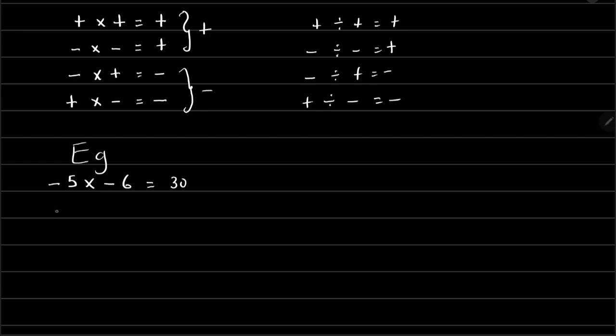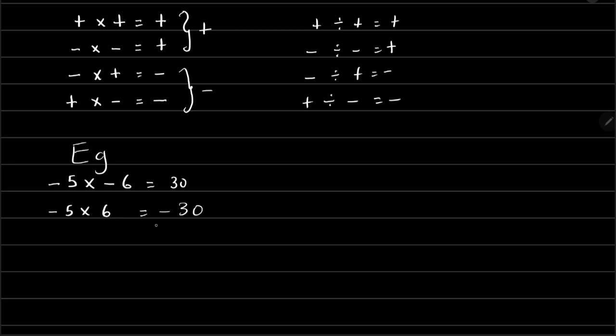Let's just say we had negative 5 times a positive 6. Once again, we multiply the signs. A negative times a positive will give you a negative, and 5 times 6 will once again give you 30.